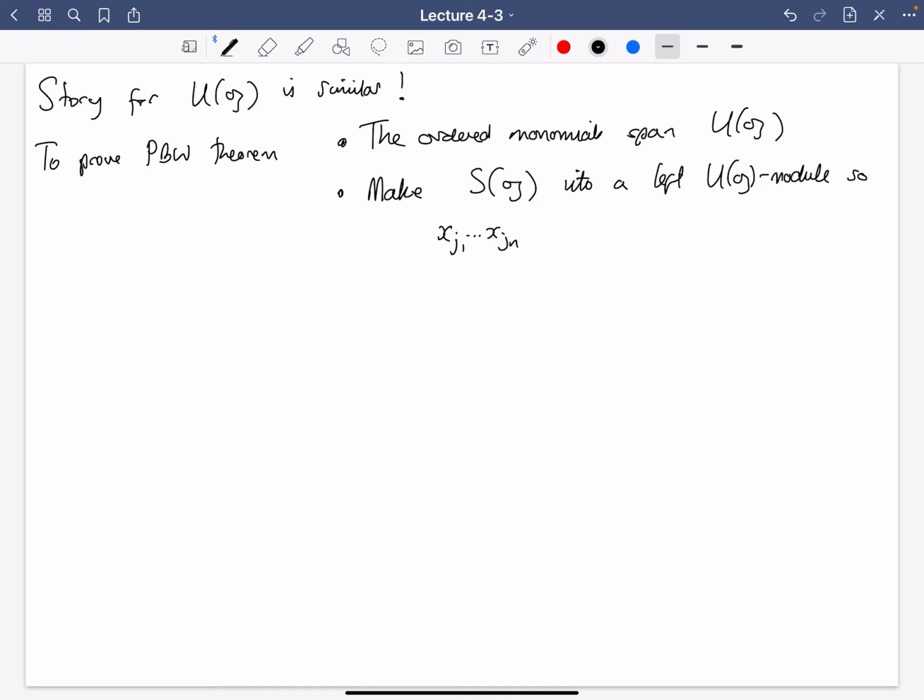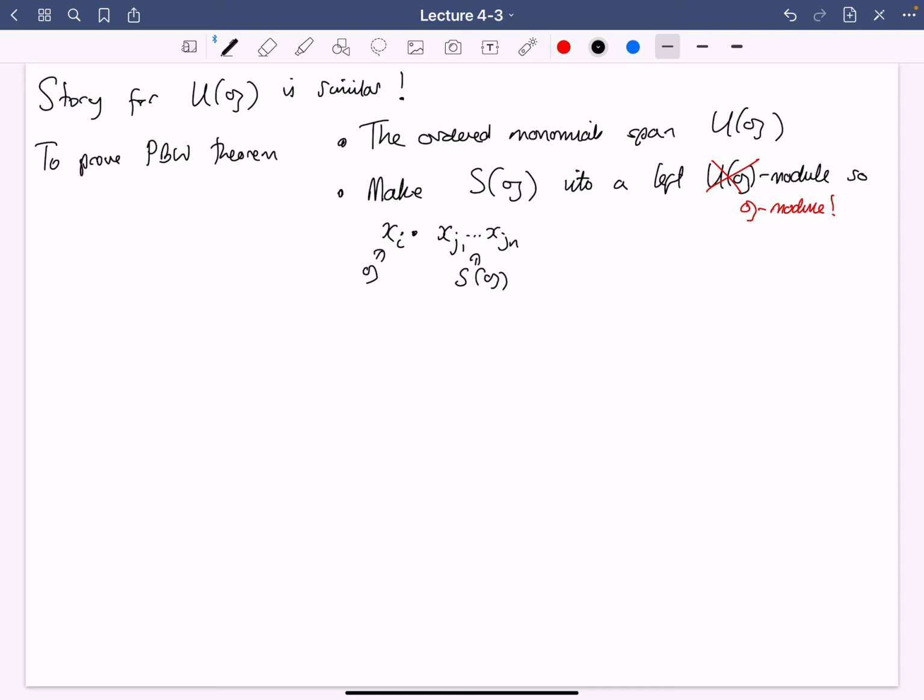If you take a monomial in there, and then you act, this is an element of G, this is an element of S of G. We're trying to make the symmetric algebra into a left U of G module, which you remember is just the same as being a G module, as we discussed last time.